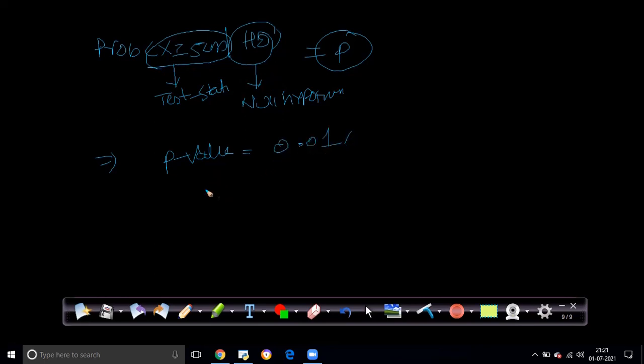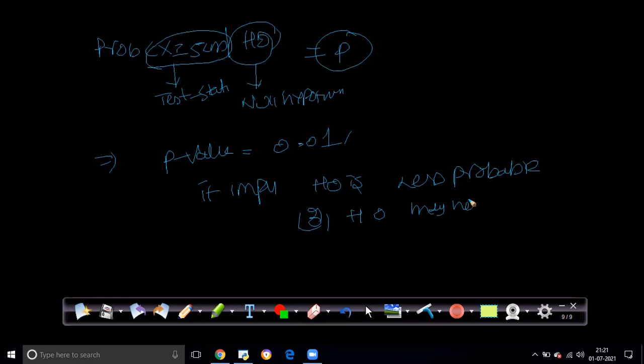It implies H naught is less probable, or H naught may not be true. Then we reject the null hypothesis.